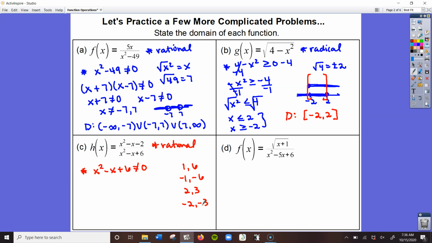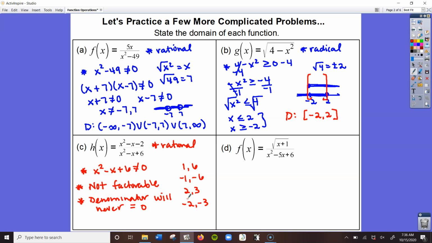All of these multiply to give us positive 6. But if I were to add them, none of them would add up to give me negative 1. That means that this particular function is not factorable. If it is not factorable, that means that the denominator will never equal 0.